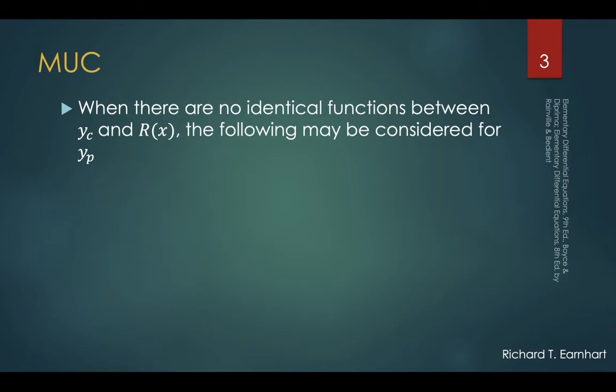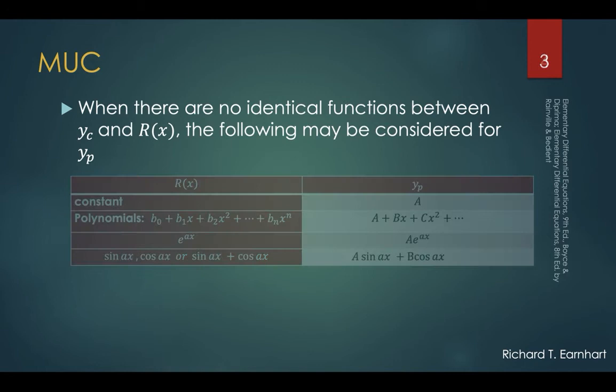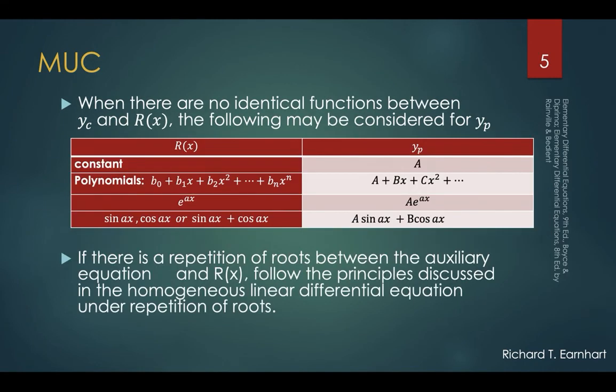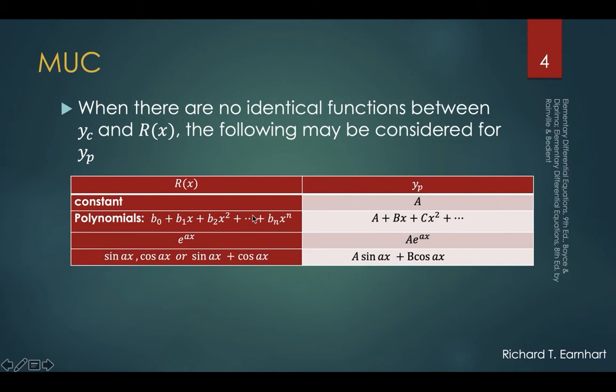So when there are no identical functions between y sub c and r of x, you may consider the following function for y sub p. So for example, for a constant term, your y sub p contribution will be a, and then for polynomials you have a plus bx plus cx squared and so on.